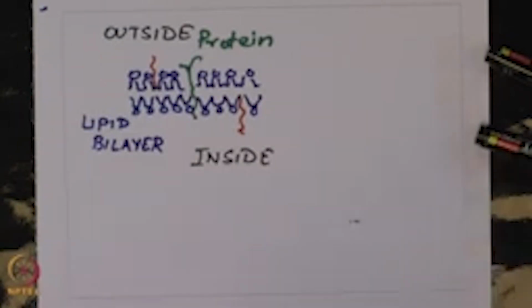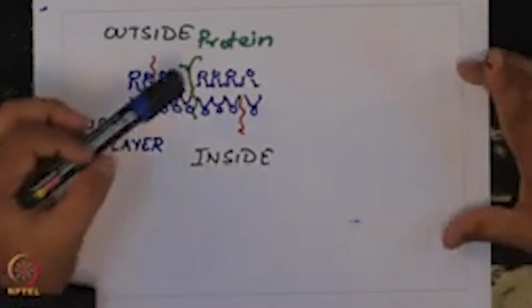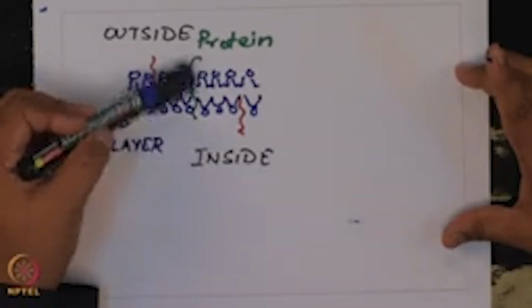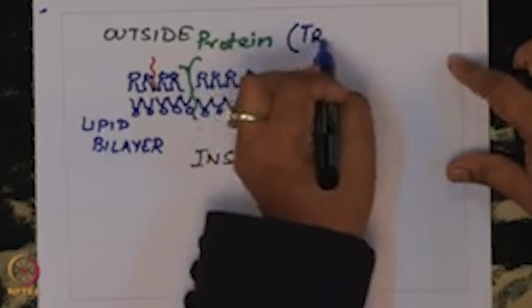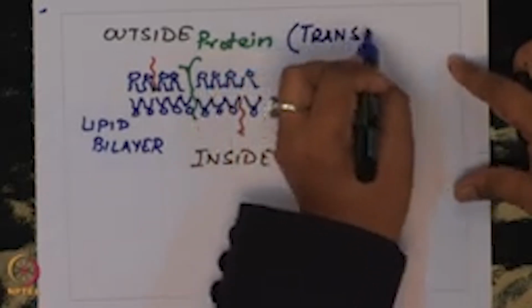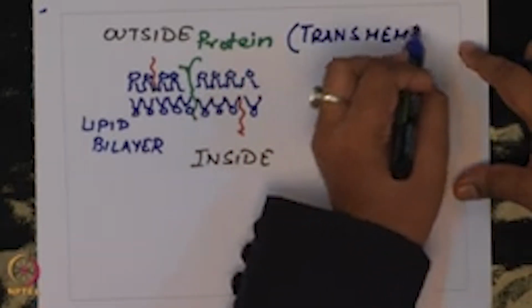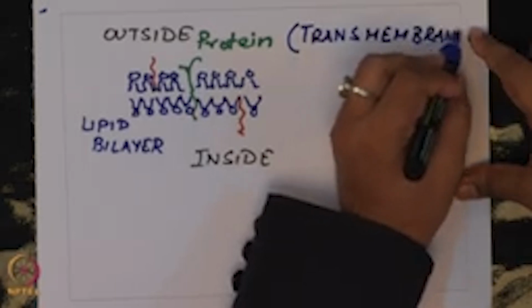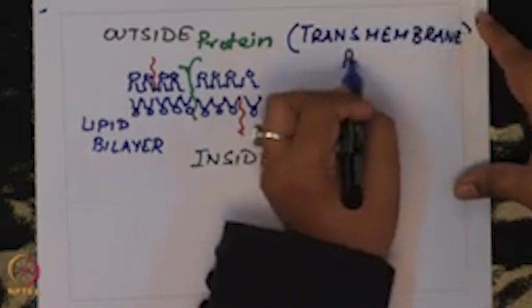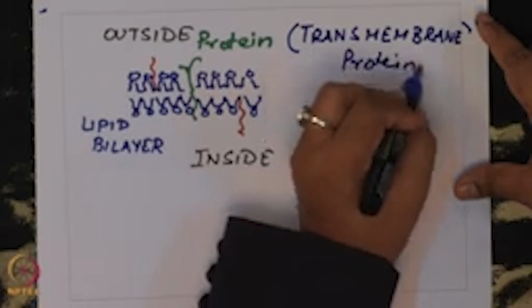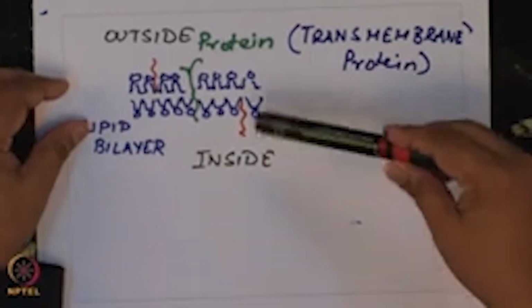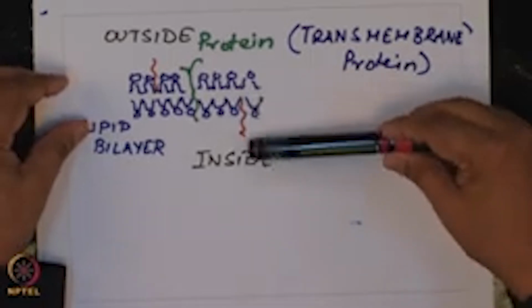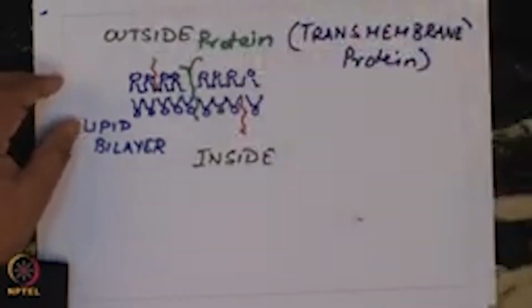So, there are some proteins which span the entire lipid membrane and these are called transmembrane proteins. So, this is an example of a transmembrane protein. But you can have proteins which are either sequestered to the inner leaf of the lipid bilayer or the outer leaf of the bilayer.